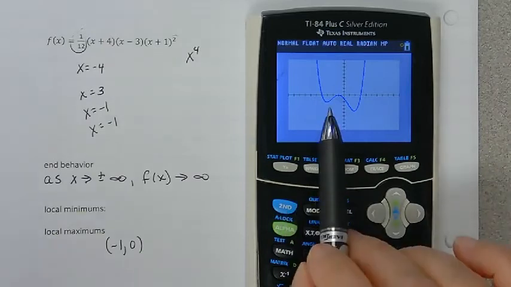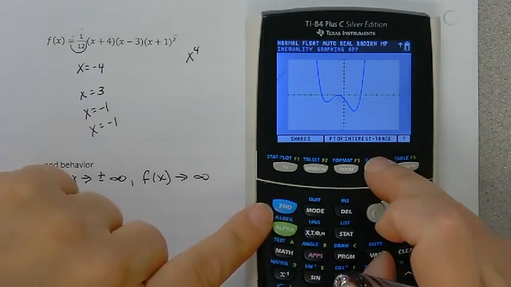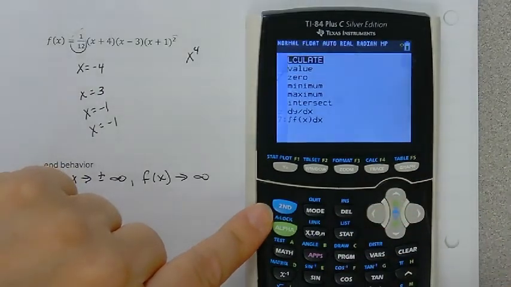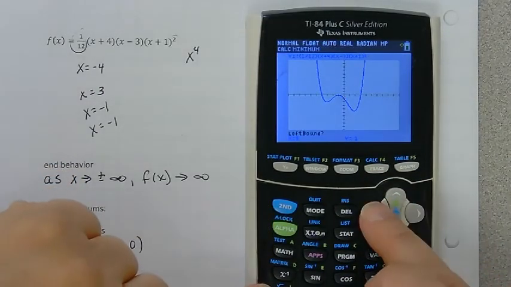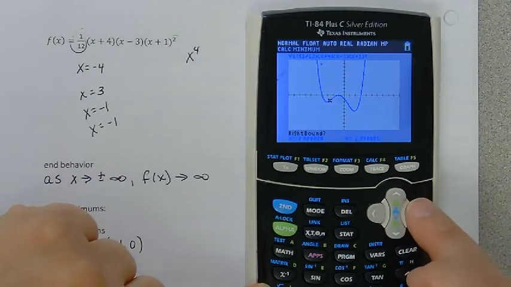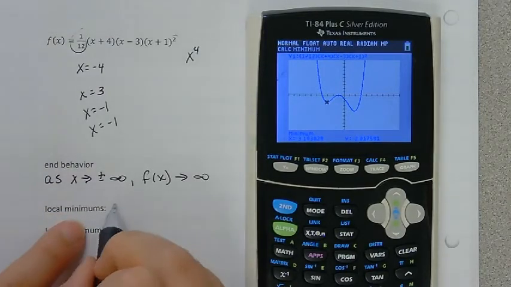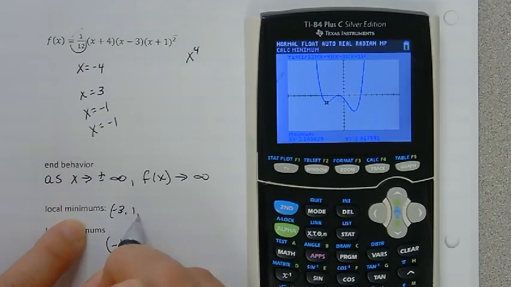So we just need to find these 2 minimum values right here. I'm going to hit second, calculate. I want the minimum. So I'm going to get over here on the left side of this first little dip and hit enter. And then I'm going to get on the right bound and hit enter. So I have one minimum at -3.1, -2.01.